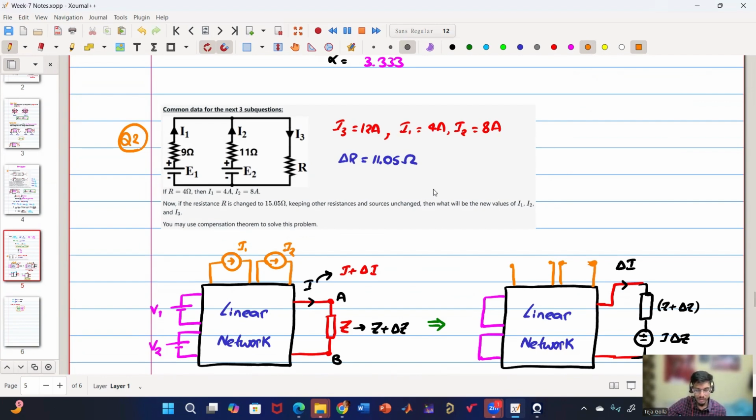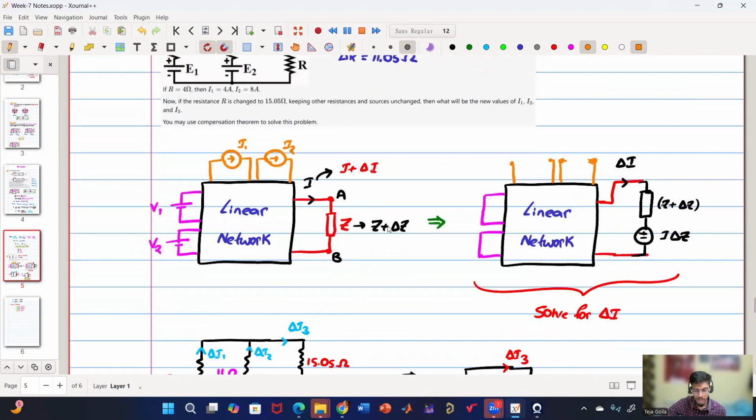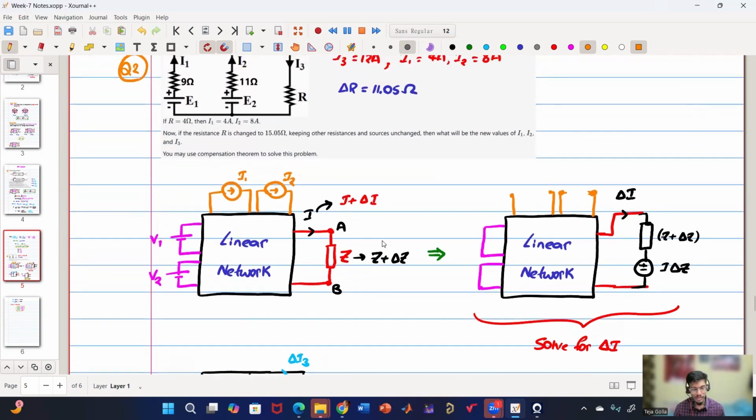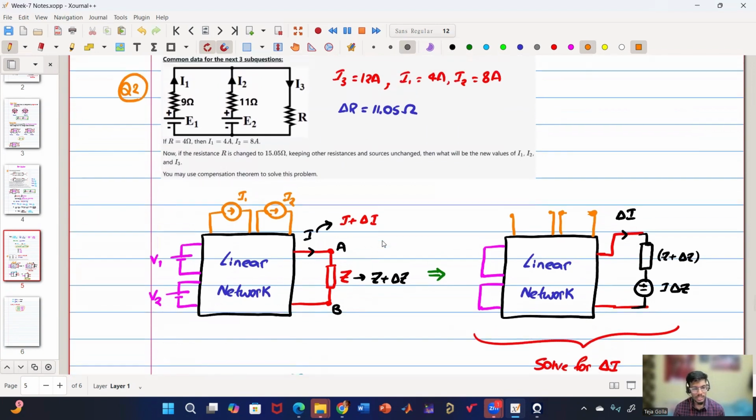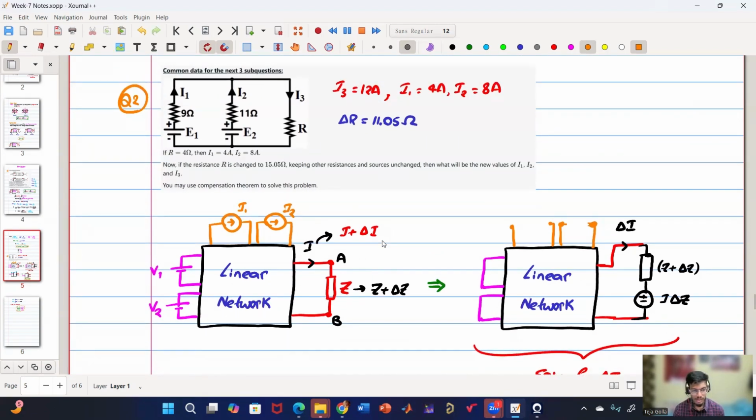Sir, when we are changing Z to Z plus delta Z, how much is the value of Z plus delta Z? Yes. This theorem is applicable. If you see here, they are changing from 4 to 15.05. Delta Z can be more or less, anything is fine. I want to ask how much value we are putting in this particular question. You tell me what is Z plus delta Z in this question.